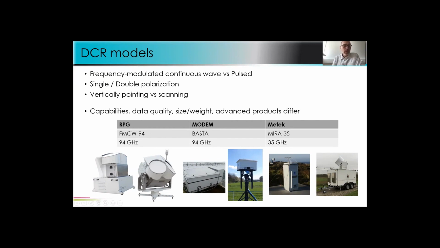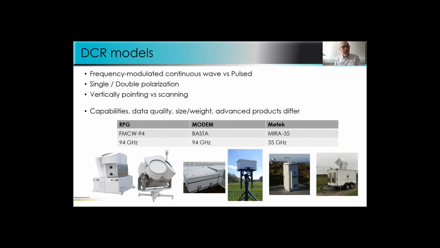Cloud radars come also in single or double polarization, which allows giving information on the hydrometeor shapes, and are either in a configuration vertically pointing to sound the atmosphere above the radar, or with scanning capabilities to get a more volumetric view of the atmosphere.